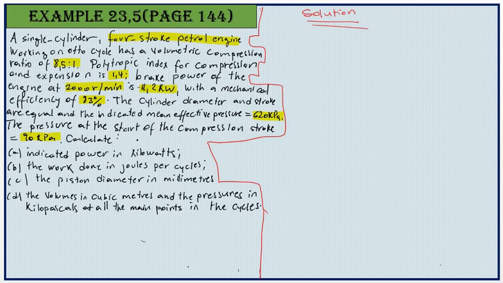The pressure at the start of compression stroke is 90 kilopascal. Calculate the indicated power in kilowatts, the work done in joules per cycle, the piston diameter in millimeter, the volume in cubic meter, and the pressure in kilopascal at all the main points in the cycle.